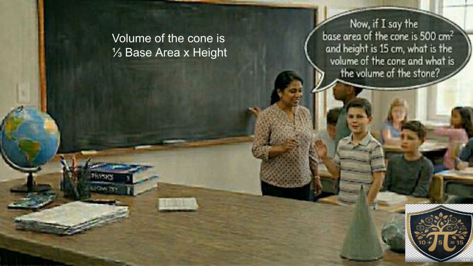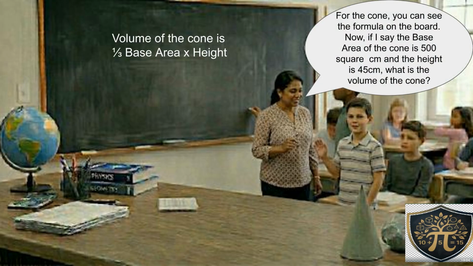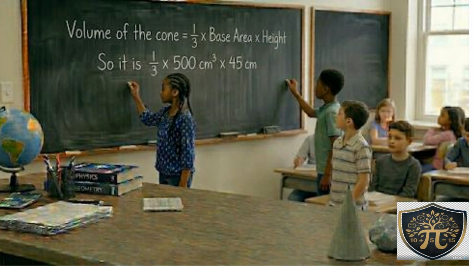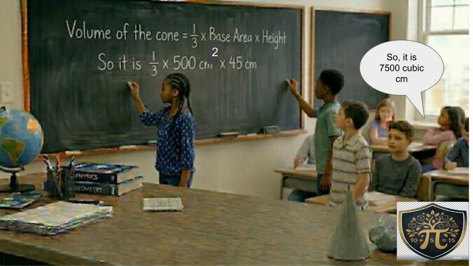The formula for the volume of a cone is 1/3 times the base area times the height. If the base area is 500 square centimeters and the height is 45 centimeters, what is the volume? The calculation is 1/3 times 500 square centimeters times 45 centimeters, which results in 7,500 cubic centimeters.